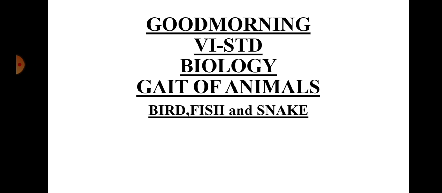Then earthworm. It moves by stretching out the body in the front and keeping the hind end fixed to the ground. Then it fixes the front end and releases the hind end. Front and hind. Okay.